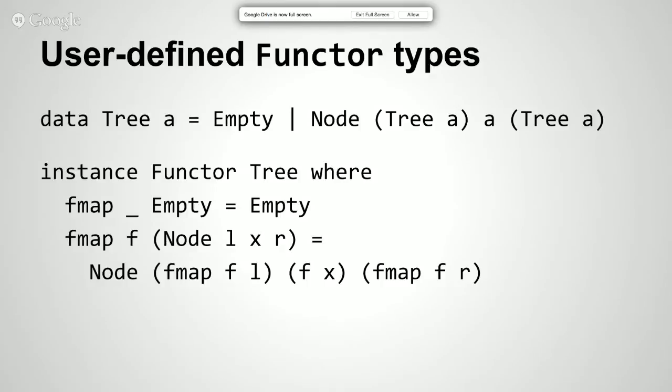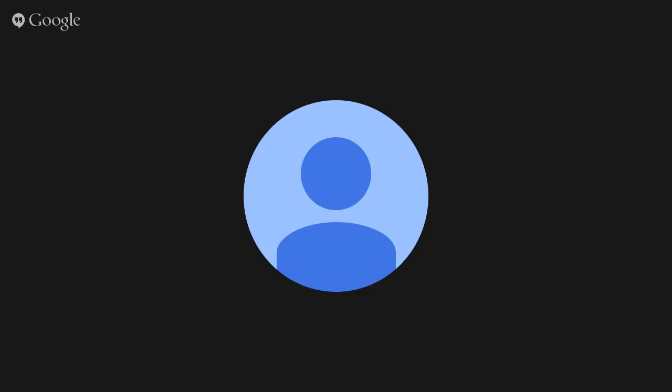You can have your type and you can define its own mapping function with that type signature. So why would I make it an instance of functor? Because all the stuff that uses fmap and assumes it's an instance of functor will just be able to reuse it under the hood. Exactly.